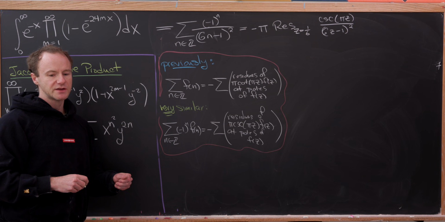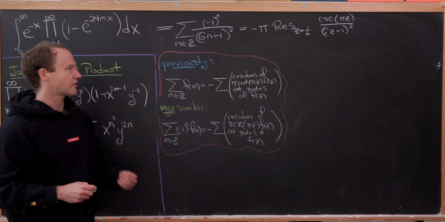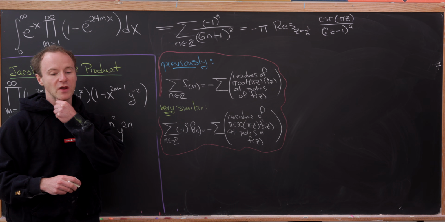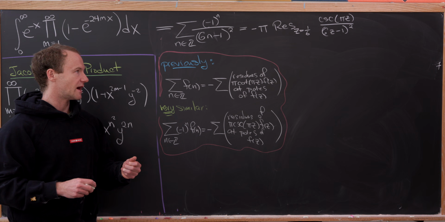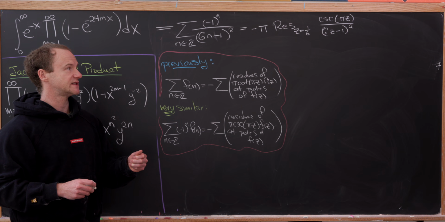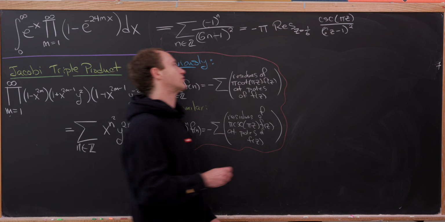But now we need to use the formula to calculate this. The formula for calculating a residue at a second order pole involves multiplying by z minus 1 over 6 squared and then taking the derivative.